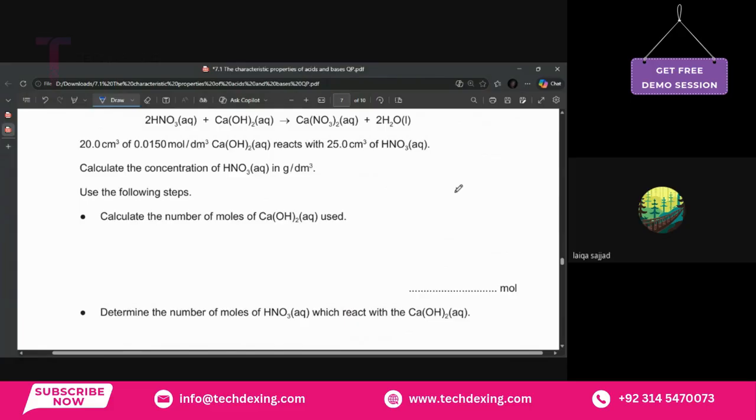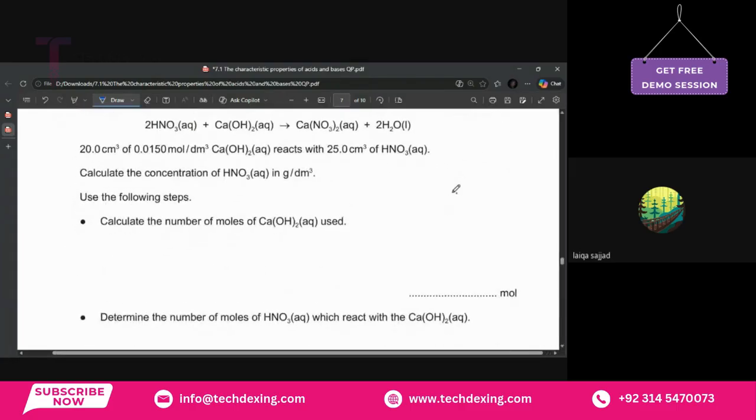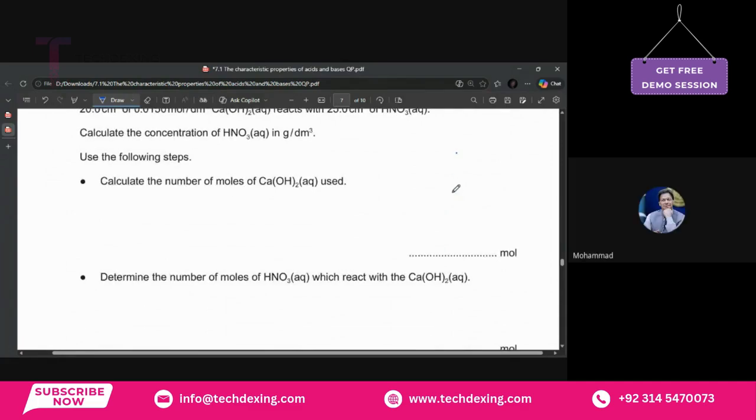Is this one included in your syllabus? Finding the concentrations and number of moles. Let me check after this. What's the formula that we use?